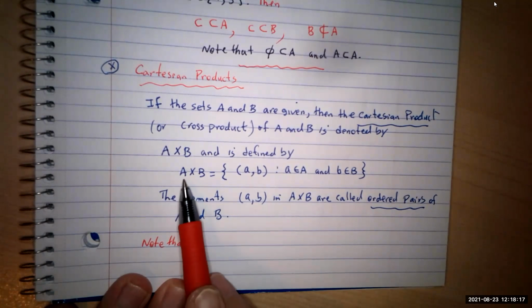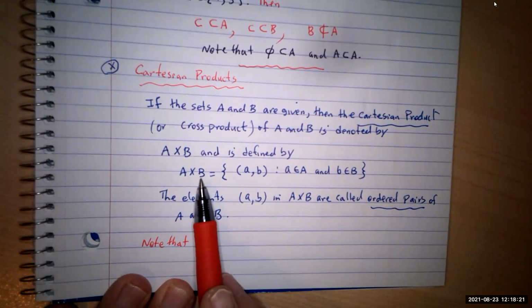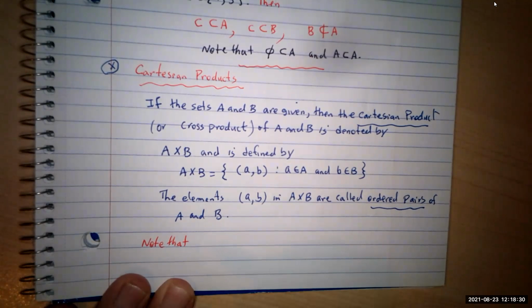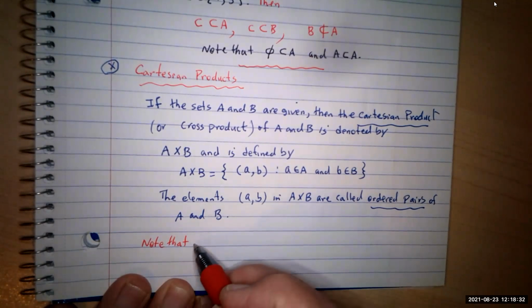You see, if the first set has 2 elements, and the second set has 3 elements, then A cross B would have 2 times 3, which is 6 elements. We call it the product rule in future, but for the time being, I give you the hint and you can use it.